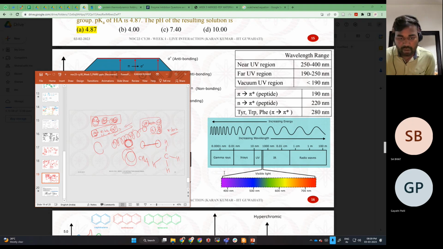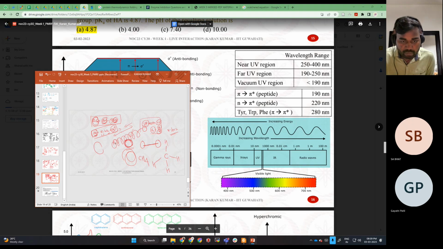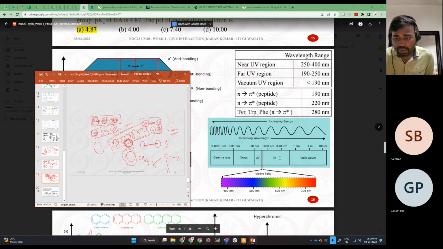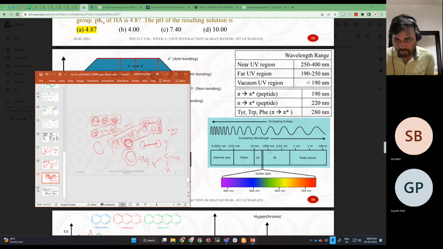So when you are studying the bond property, like the interaction of light waves with bonds, then you are studying the IR, because bonds are normally in the nanometer range, right? Sigma bonds are around 3 angstrom or 4 angstrom.